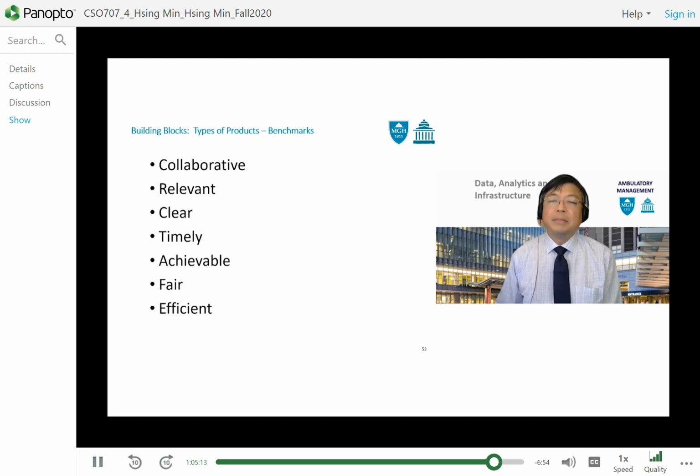That is, they need to be available with sufficient frequency and with low enough latency to allow providers to course correct.